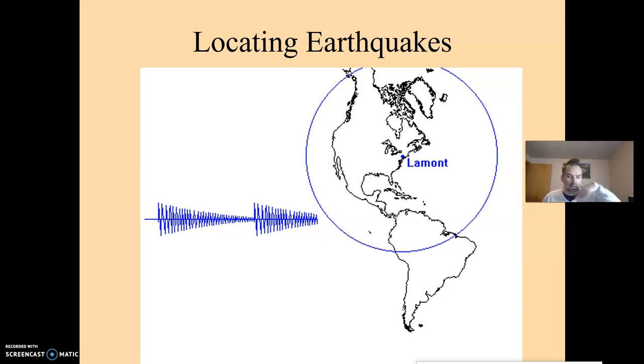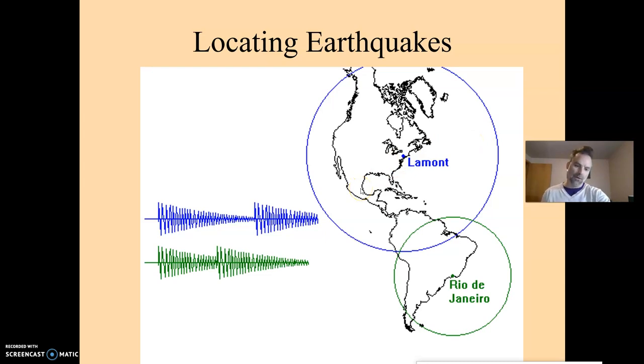And remember, you are going to take a compass. Let me grab one here. I've got a compass. You'll use this to draw 3 circles, and where those 3 circles meet is going to be the epicenter of the earthquake. You'll determine that from your P and S waves.